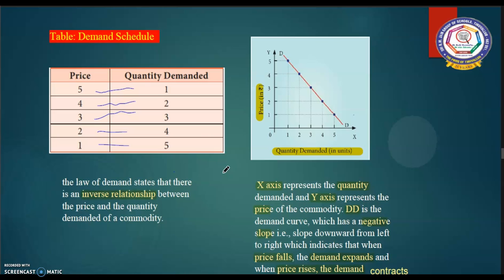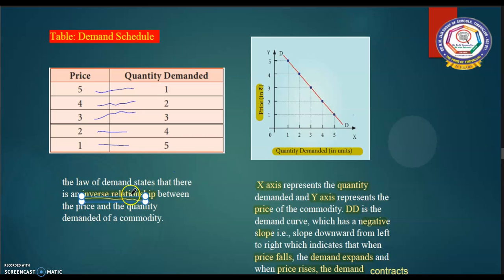Now, the law of demand explains the relationship between the price of a commodity and the quantity demanded. The law of demand states that there is an inverse relationship. Inverse relationship means price increases, demand decreases. Price decreases, demand increases.